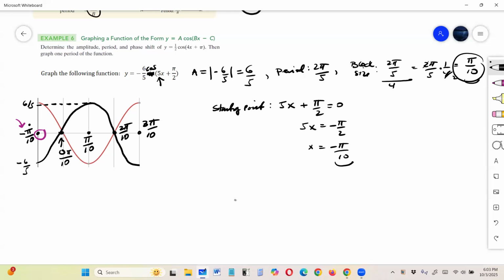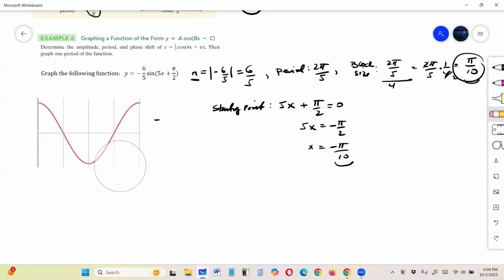So recapping, find the amplitude regardless if you have the cosine or the sine function. Okay, find the amplitude. And then you're going to find the period. The period is always going to be 2 pi over the value b.